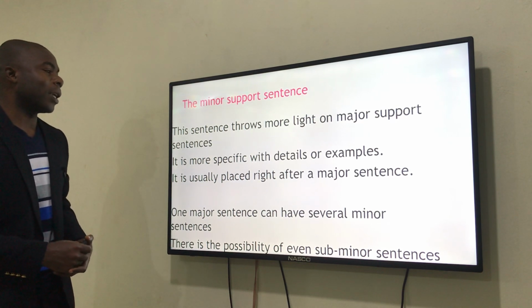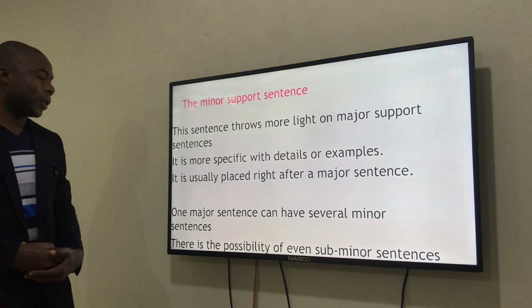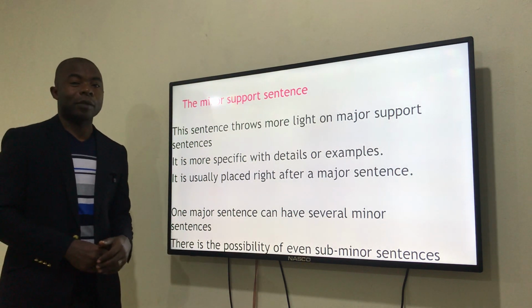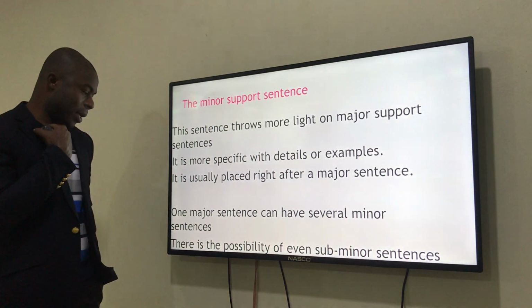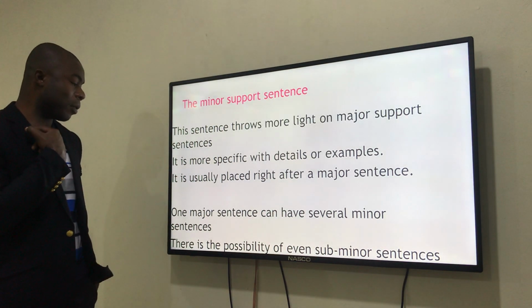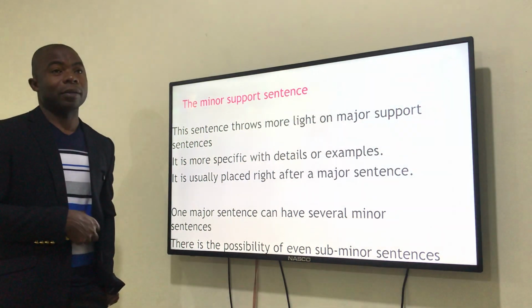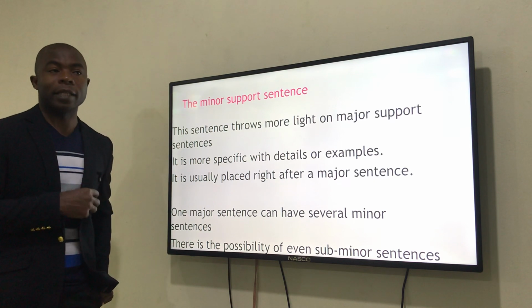This is usually placed right after a major support sentence. And of course, one major support sentence can have several minor sentences. And the last one, there is even a possibility of sub-minor sentences. The choice is the writer's.